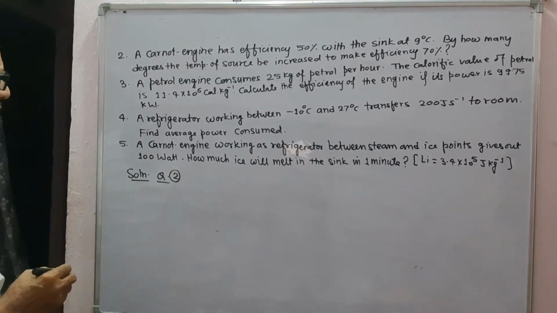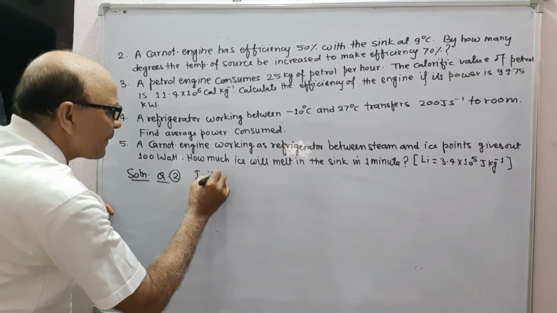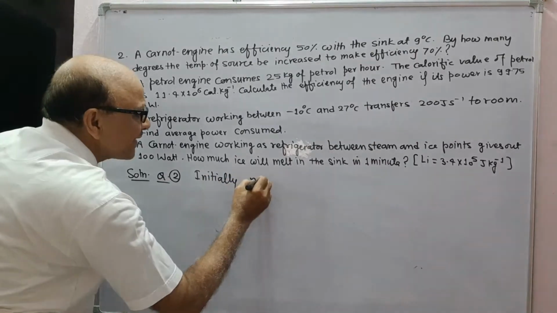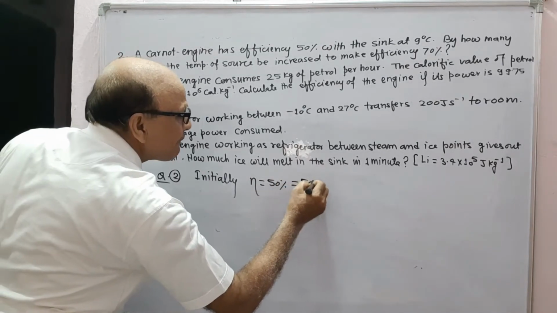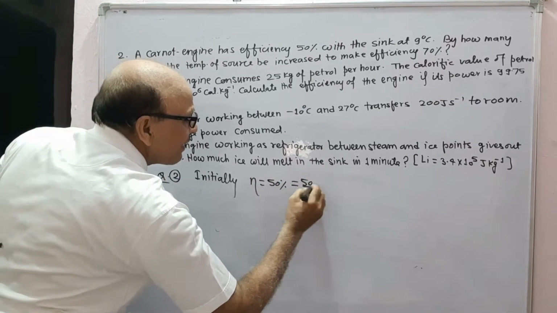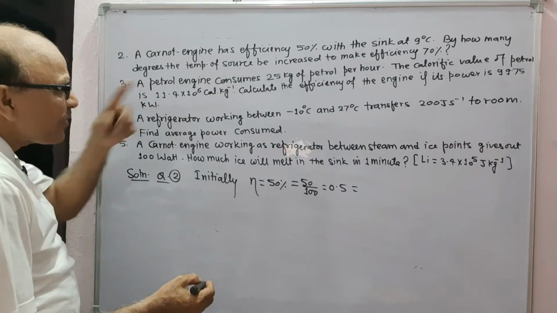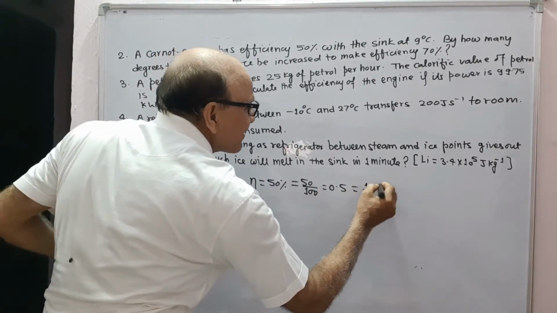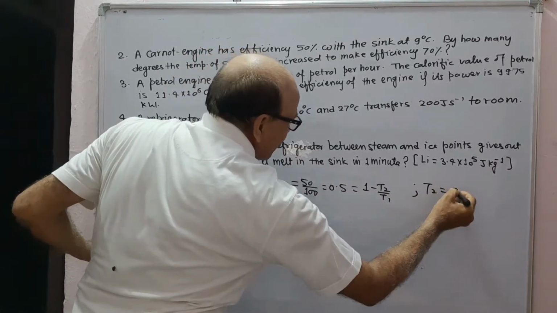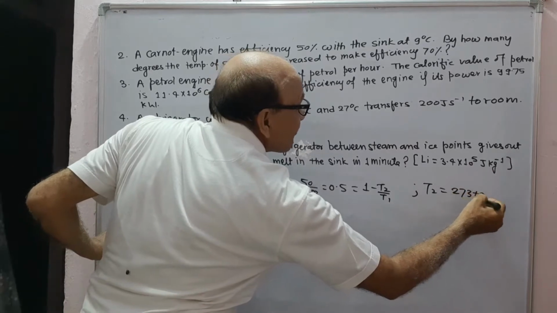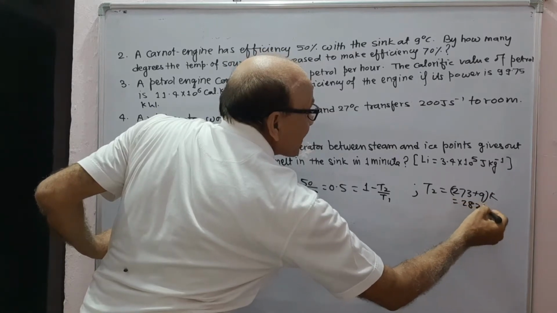Initially, eta is equal to 50%, which is 50 upon 100, which is 0.5, and this will be equal to 1 minus T2 upon T1, where T2 is 9 degrees Celsius means 273 plus 9 Kelvin, that is 282 Kelvin.